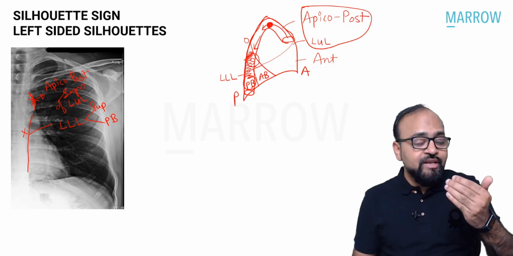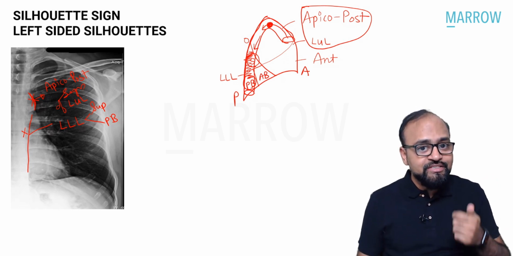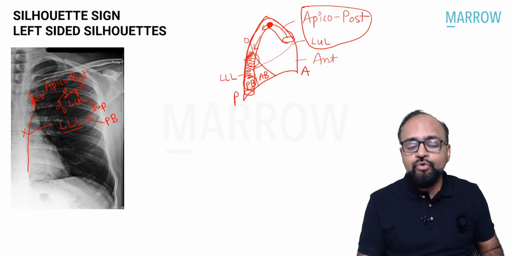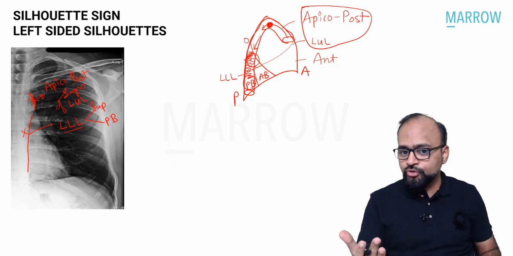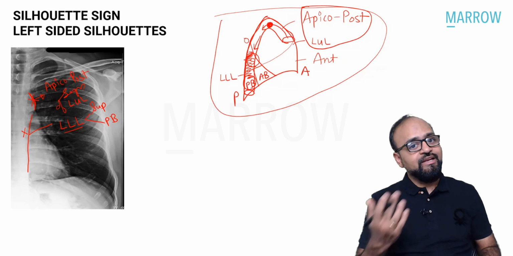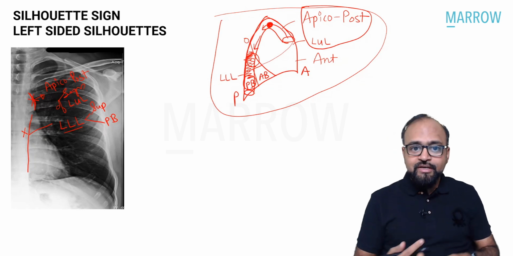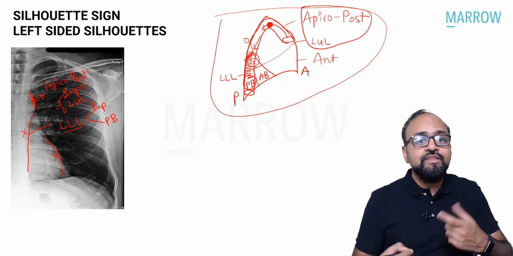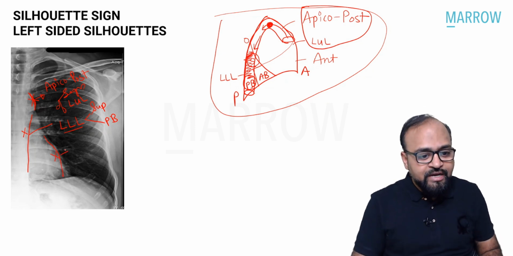So if the lateral margin of the descending thoracic aorta is obscured, then the disease is going to lie in the left lower lobe, either the superior segment or the posterobasal segment. This is something that we are able to see directly in this schematic diagram that we have drawn here, isn't it? Now, if the left heart border is not seen as a sharp margin, then the disease would lie in the left paracardiac area.